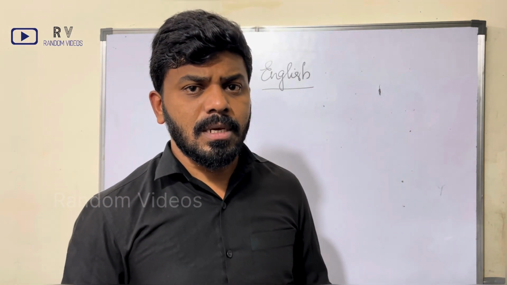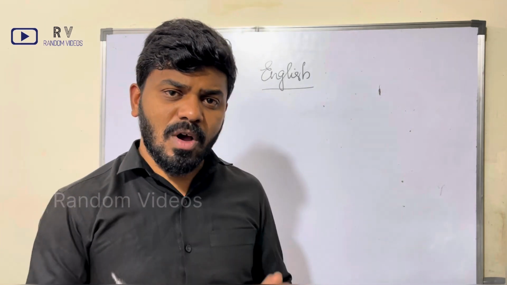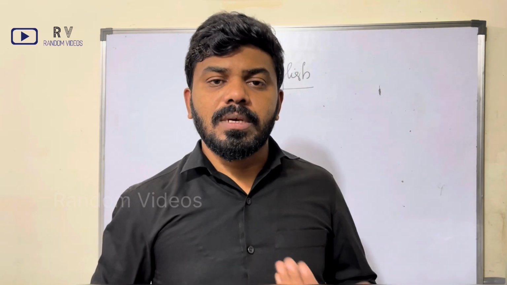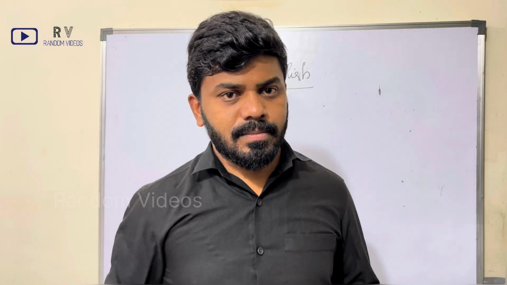In my previous video, we discussed tenses, and in particular, we did discuss simple present tense and how a sentence of simple present tense is formed and which are the instances we use simple present tense.